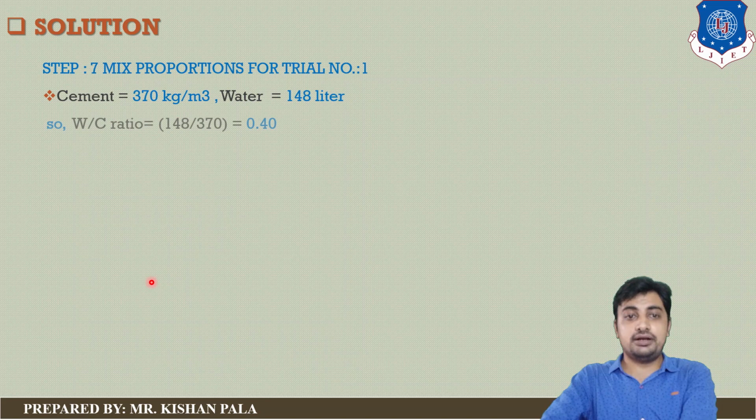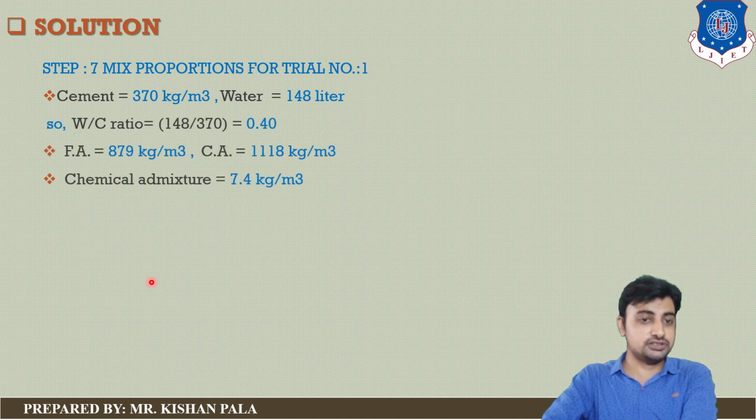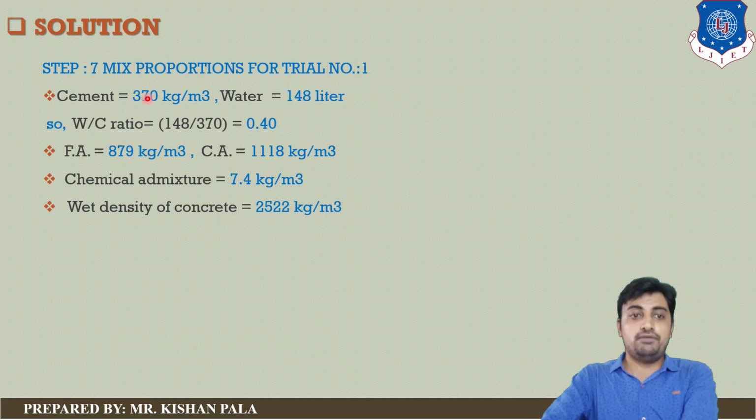So our next step is mix proportion, and we have a cement mass of 370 kilogram per meter cube, water mass 148 liter. So our water cement ratio is 0.40.